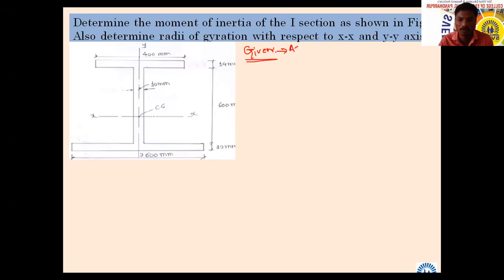Is there any symmetry? About the y-axis, yes, there is a symmetric line.